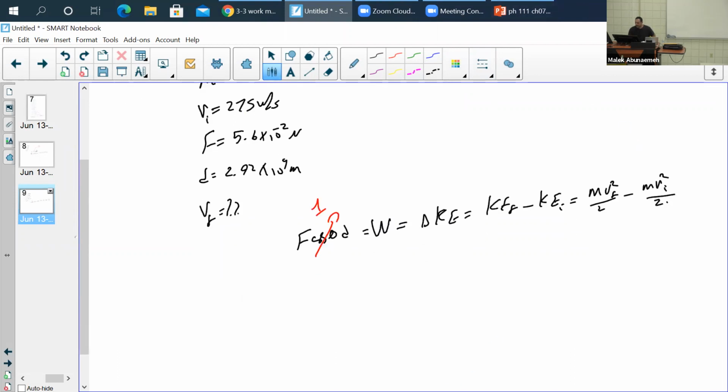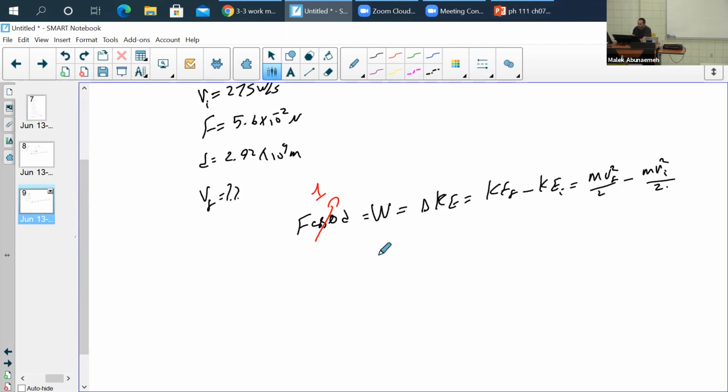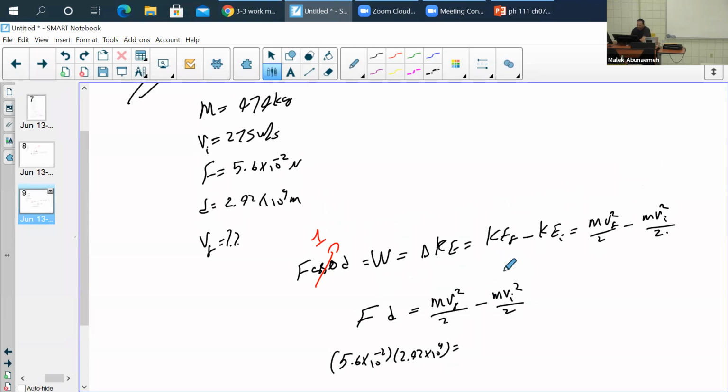Rewriting this equation that we have, your force multiplied by your distance is going to equal your m v final squared over 2 minus m v initial squared over 2, which is going to be 5.6 times 10 to the negative 2 multiplied by your distance 2.42 times 10 to the 9th power is going to equal, how much is our mass? 474.